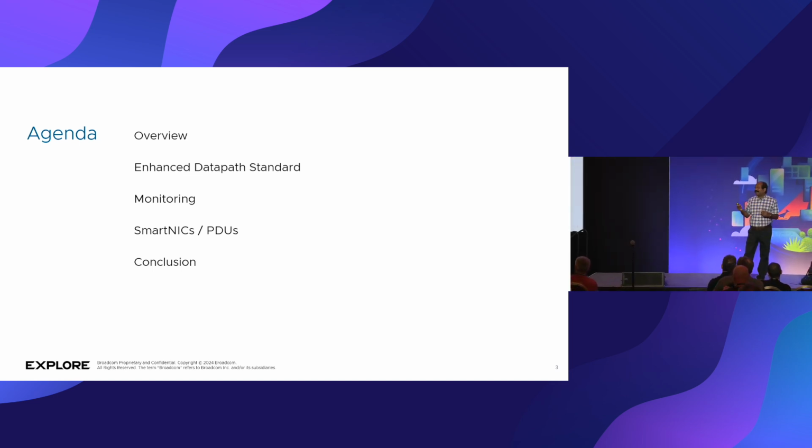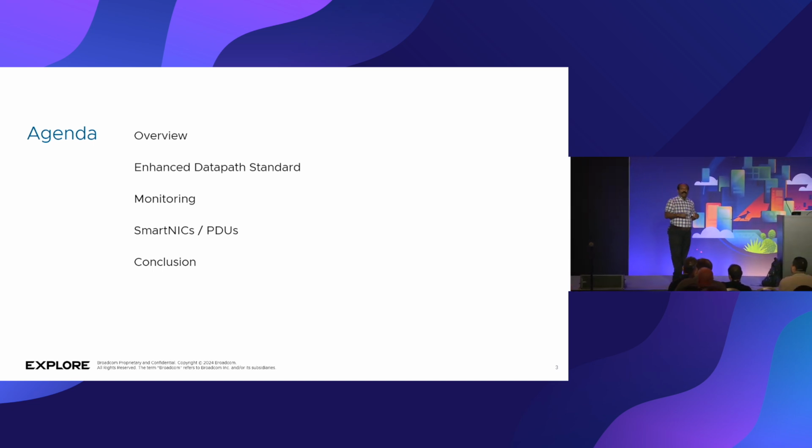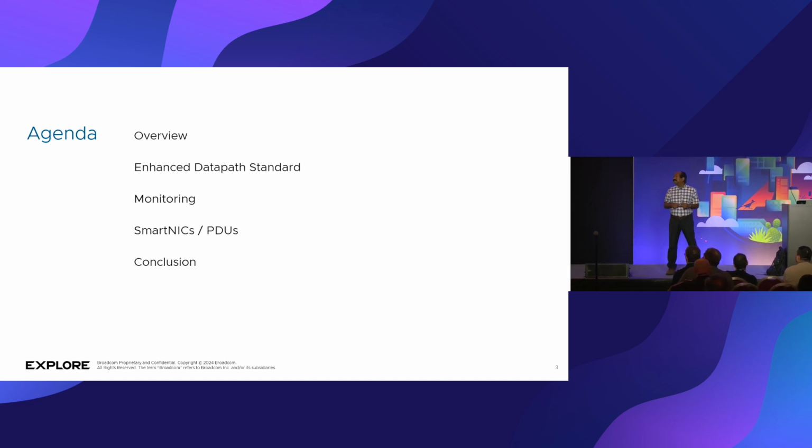After that, we look at enhanced data path standard. A gentleman here was asking, what happens with this data path? Where do I use it? Where shouldn't I use it? And so on. Those are some of the things that we will touch on. We'll close with some monitoring-related tips and also some SmartNIC-related details. And that's about it, okay?